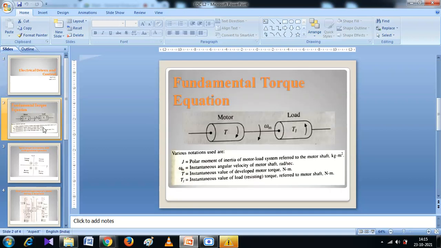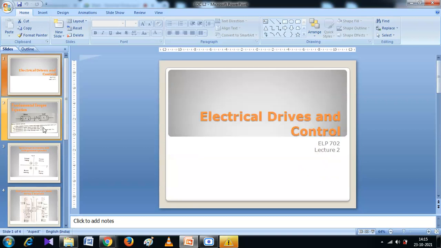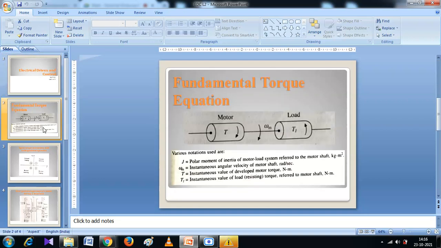In the previous class, I taught you the fundamental torque equation. Can anyone tell me what the fundamental torque equation is?